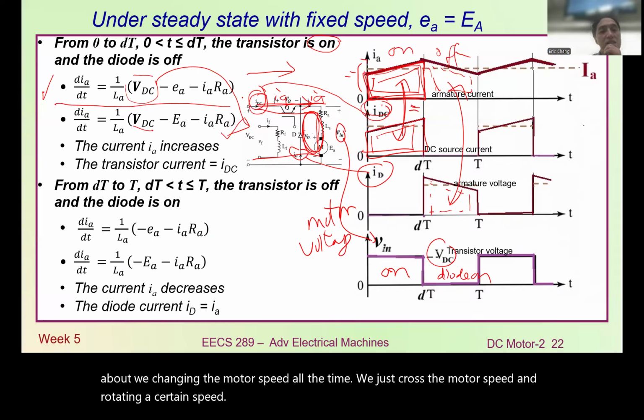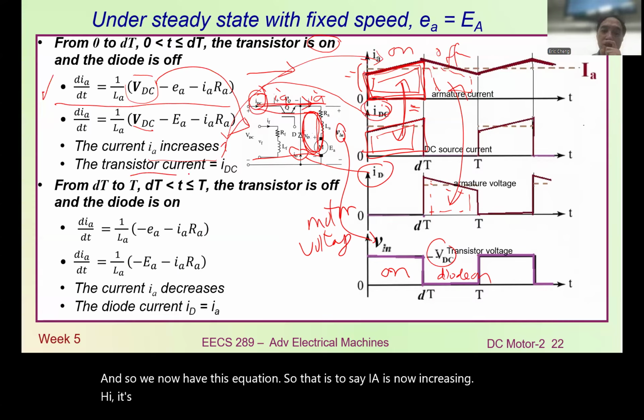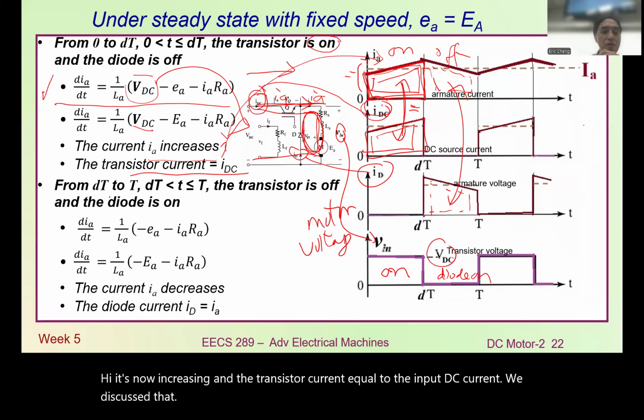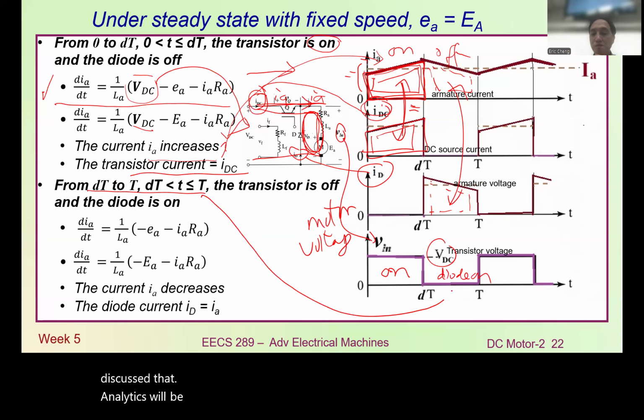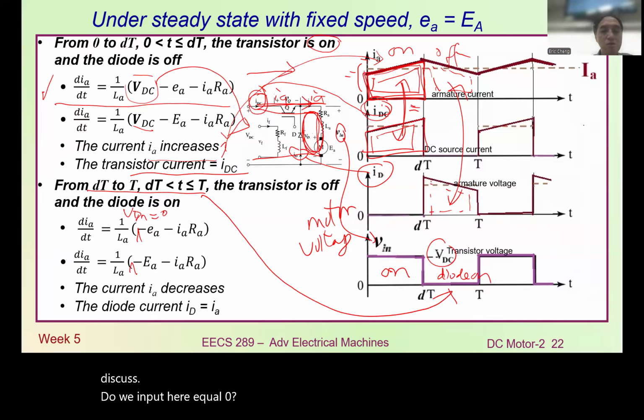So that is to say IA is now increasing. And the transistor current is equal to the input DC current. We discussed that. And the next is the second region here. Then, as we just discussed, the VDC, the input voltage here, becomes 0. Originally we have the input voltage, but now it becomes 0.